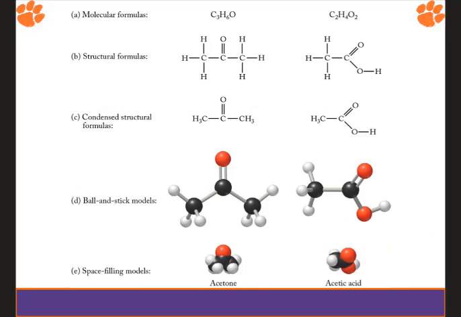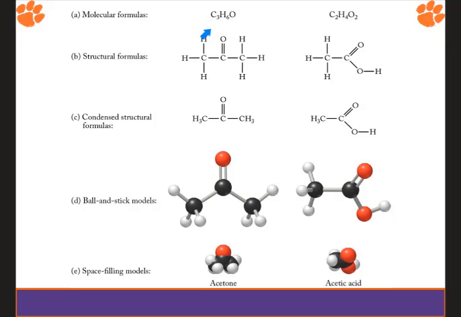Here we have a peek into all the different ways that these molecules can be represented. We're going to start up at the very top with the molecular formulas. These molecular formulas just show you what particular atoms are in that molecule, and then how many of each is represented by the subscript.